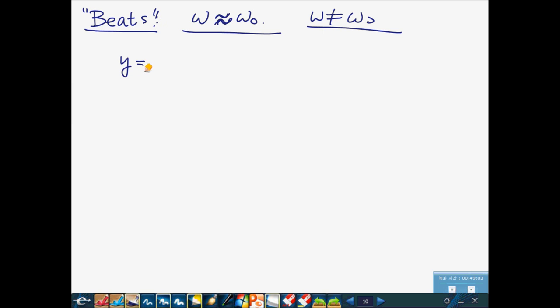So y is f naught over m times omega naught square minus omega square times cosine omega t minus cosine omega naught t. Although I'm not deriving it, if you make a full derivation, you'll understand that, right? These terms, you're familiar with these terms, right?